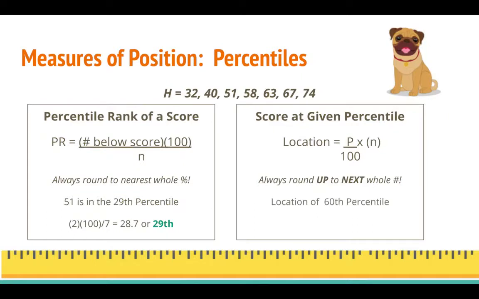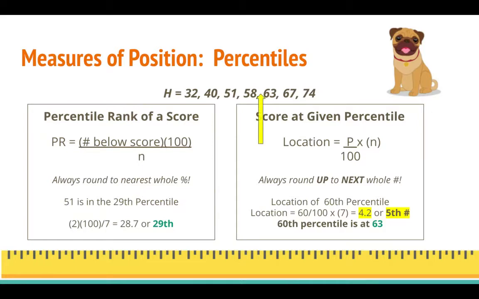Okay, here's an example. We want to find the location of the 60th percentile. To calculate this, I want to do the 60th percentile, 0.6 times 7, or 60 divided by 100 times 7. We get 4.2. But I'm going to round up because the 4.2 spot is not high enough. The 4th spot certainly isn't high enough. So I need to go to the 5th data value.